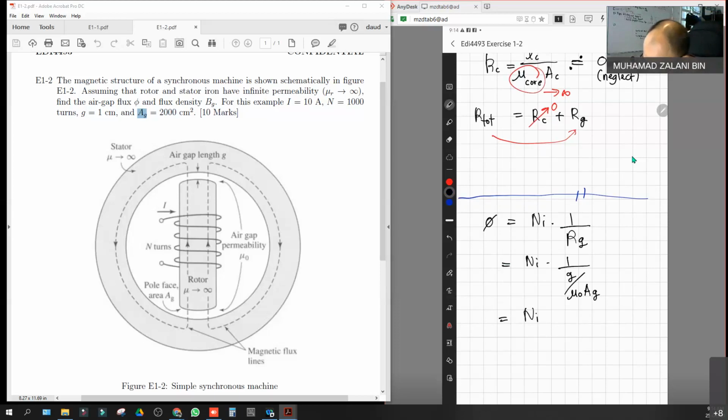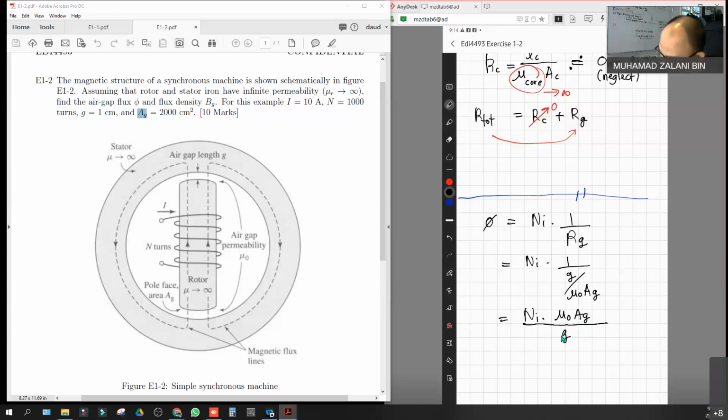So this equation becomes like this, divided by G. So phi equals to Ni mu naught Ag divided by G.